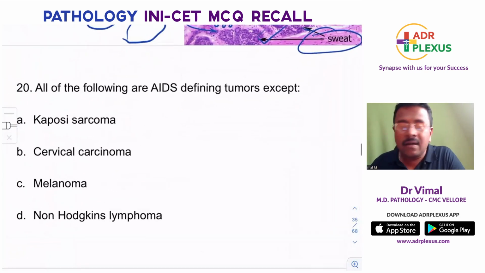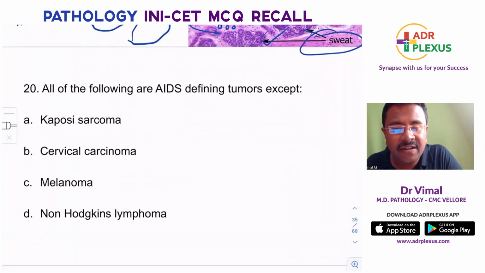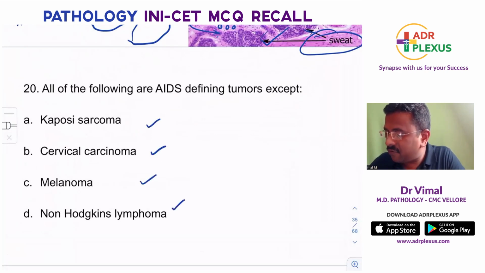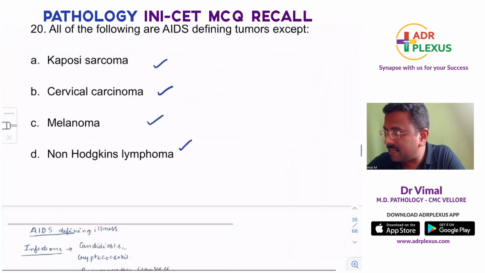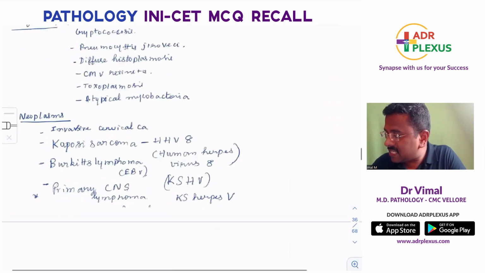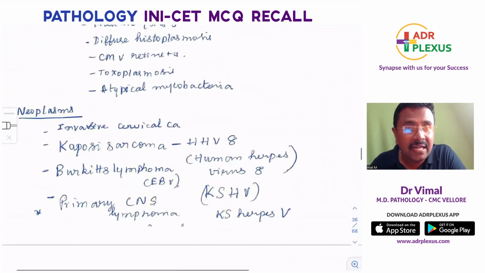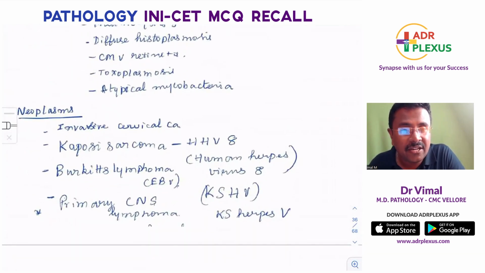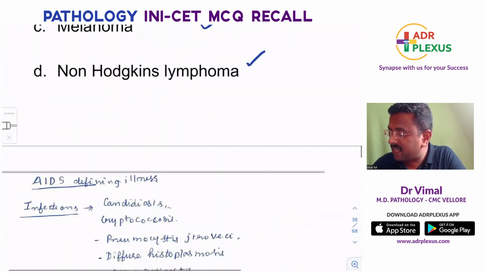Coming to this question, all of the following are AIDS-defining tumors except, and the options given are Kaposi sarcoma, cervical carcinoma, melanoma, and non-Hodgkin's lymphoma. In our workbook we have discussed the different types of malignancies which are AIDS-defining neoplasms: Burkitt's lymphoma, CNS lymphoma, Kaposi sarcoma, invasive cervical carcinoma.